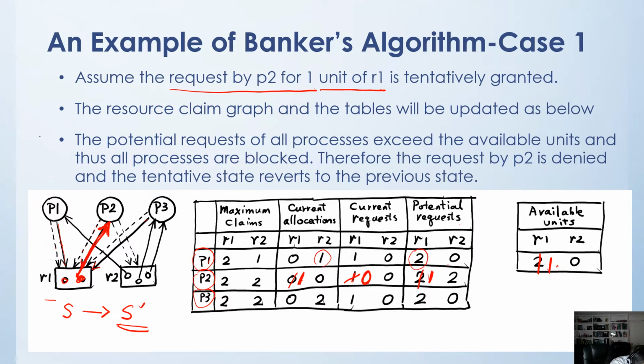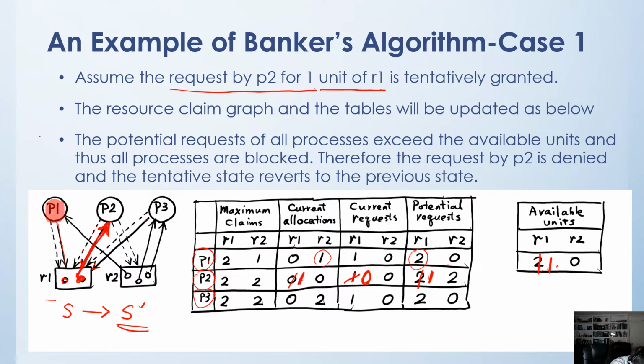So the potential request is more than the available units, which means P1 is blocked. There's no way P1 is going to get all the resources it needs. So I'm going to change this P1 to blocked. I use red color.